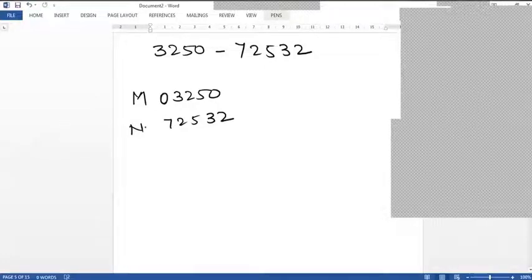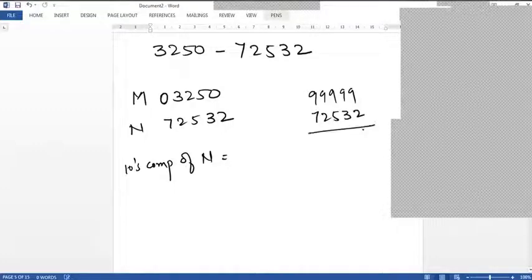क्या करेंगे? इक्वेट द डिजिट्स. ठीक है. अब what will we have to do? Find tens complement of n. क्या होगा tens complement of n? बताओ जल्दी, क्विकली. शॉर्टकट पता है हमें. 27467 plus 1, 27468.